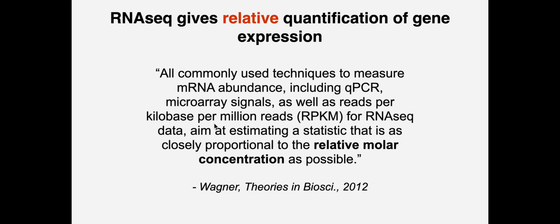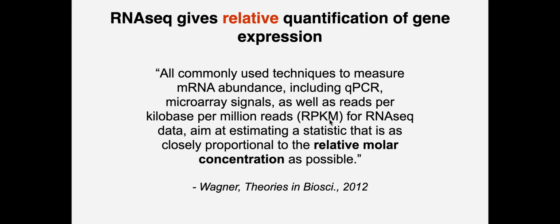So I want to pin this concept for the rest of the presentation, because we need to understand that all commonly used techniques, such as RNA-seq to measure mRNA abundance, qPCR, microarray, whatever, should be aiming at estimating a statistic that is as closely proportional to the relative molar concentration as possible.